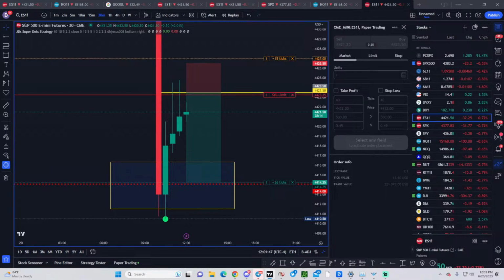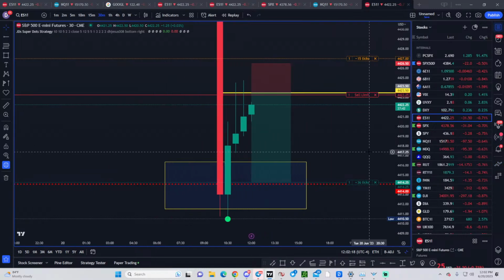I would love to see this trade executing. So we'll see. We'll give it a minute. If not, I'll send it up market so you can see it. But I think it'll execute.